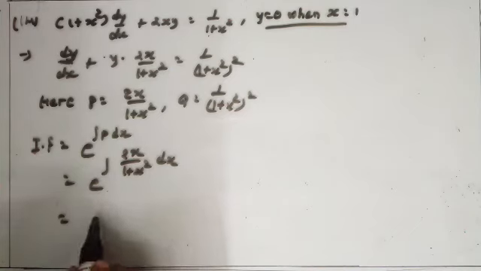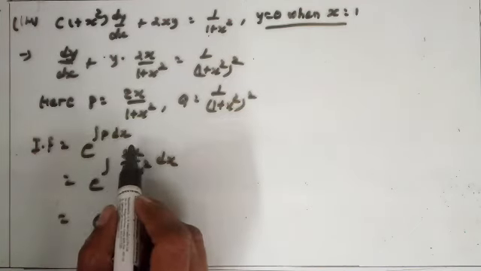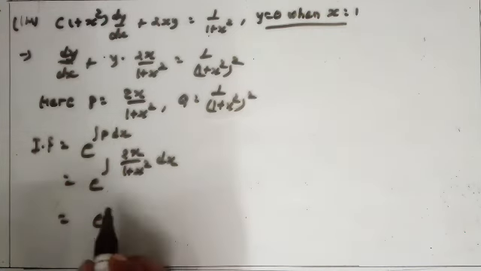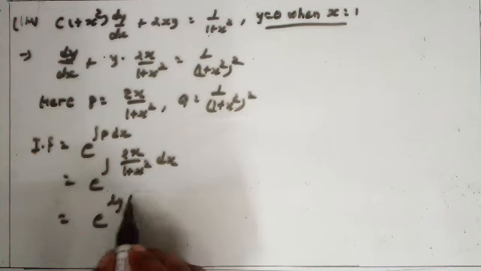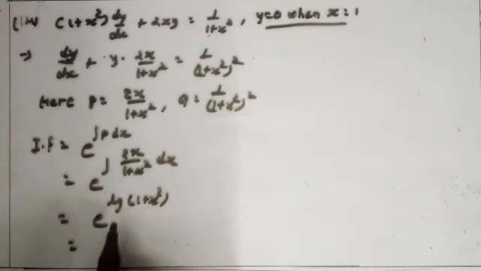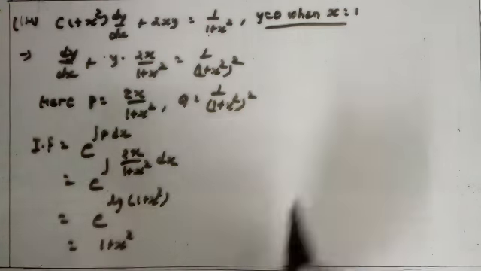So it is e raised to the integration of this, f dash x upon f x, which is log|f x|, that is log|1 plus x square|. So it is e raised to log (1 plus x square), which is equal to 1 plus x square. Clear?